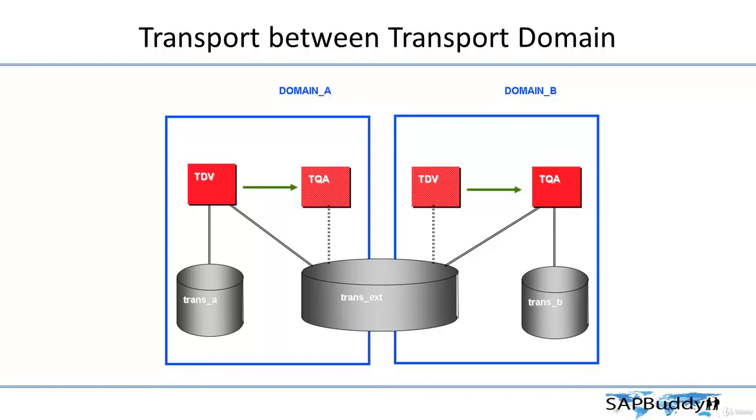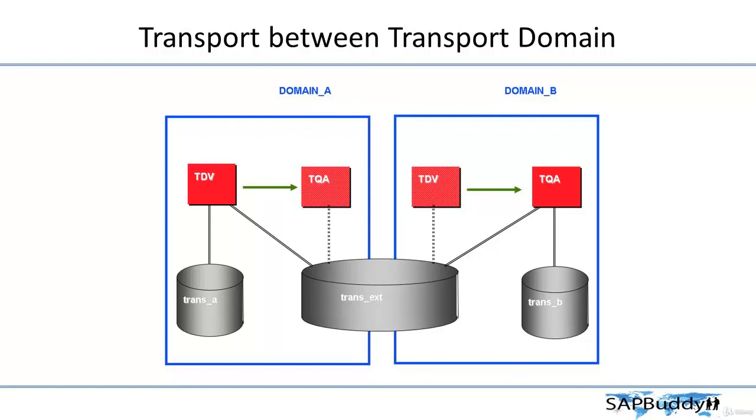So in general, you will have two different transport directories, which have two different domains, and each has its own domain controller. The link you will create from one domain to another domain is from the domain controller.